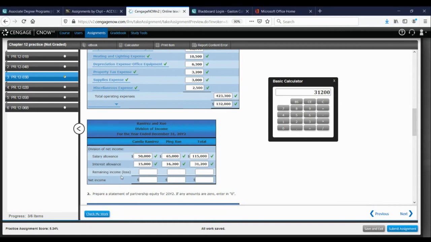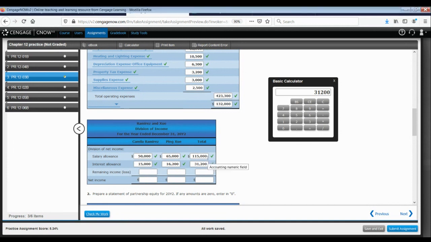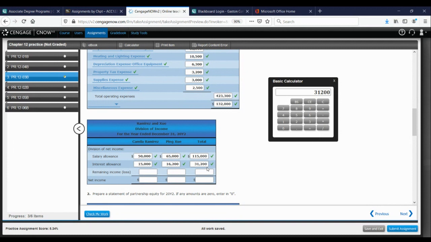Now, before we can determine any remaining income or loss, you have to figure out what the total of the allowances are. So we already knew that the interest allowance of $31,200 is the total of the interest allowances.